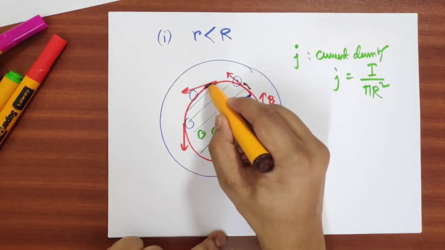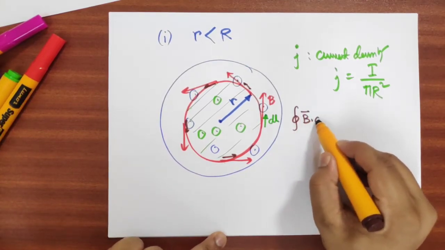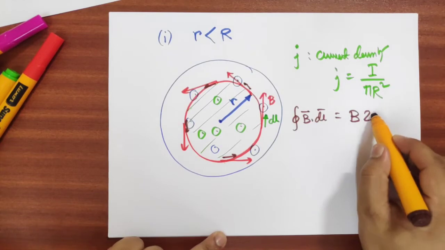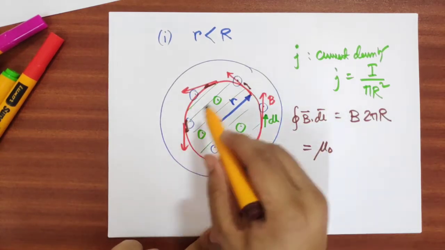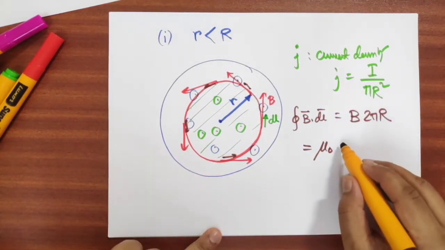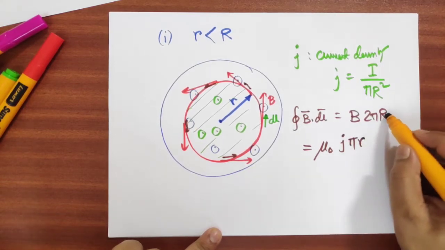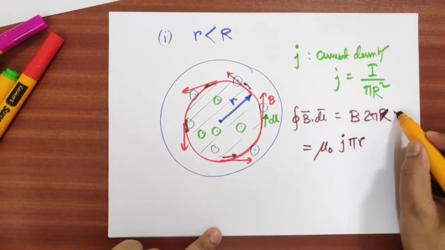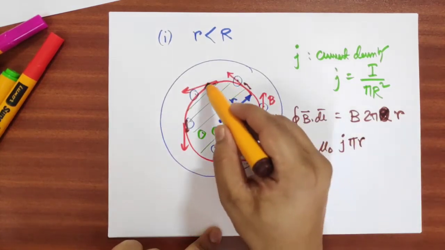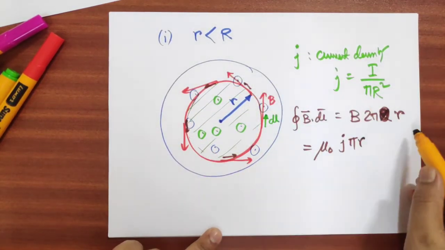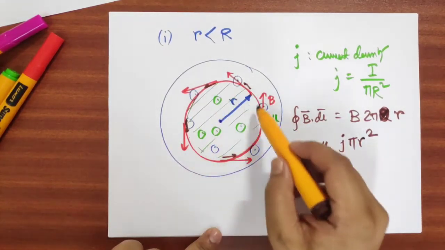So the integral of B dot dl is simply B multiplied by 2 pi r, equal to mu 0 into the current crossing the loop, which is J multiplied by pi r square, sorry, small r, because we consider only this much area.